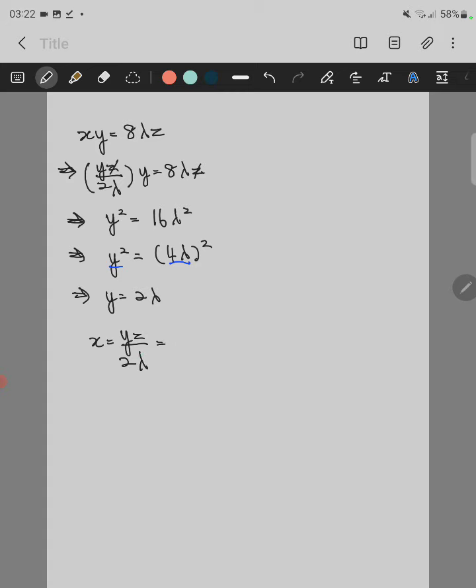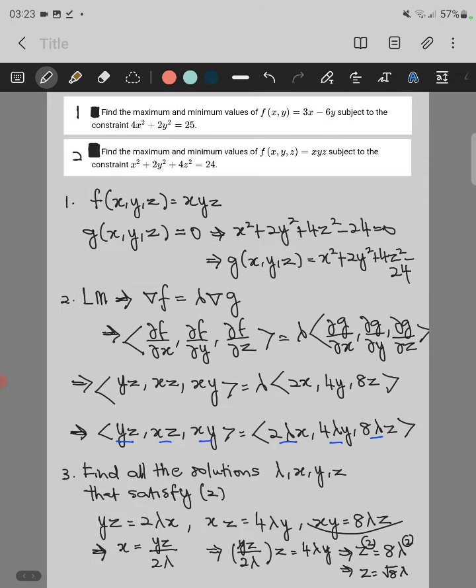So y is 2 lambda, and my z here equals square root of 8 lambda, over 2 lambda. So in the end, my x here will be equal to square root of 8 lambda. Now we have our x equals square root of 8 lambda, y equals 2 lambda, and my z equals square root of 8 lambda.